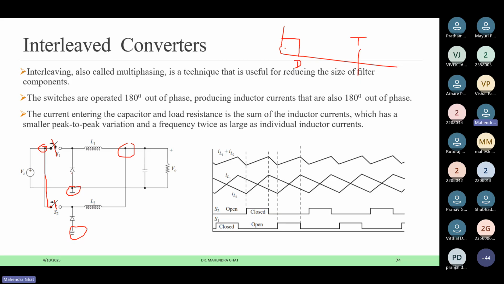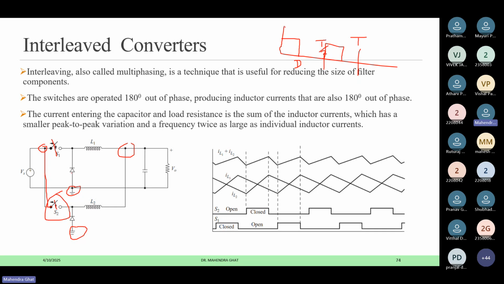Instead of turning on the second switch also at this instant, I will switch on the second switch after 180 degrees of this time period. 180 degrees of time period means T by 2. So suppose T by 2 is here somewhere. The second switch will be turned on at this position instead.